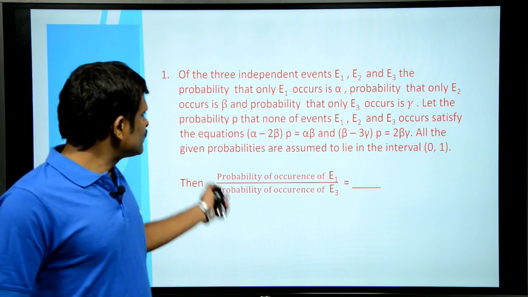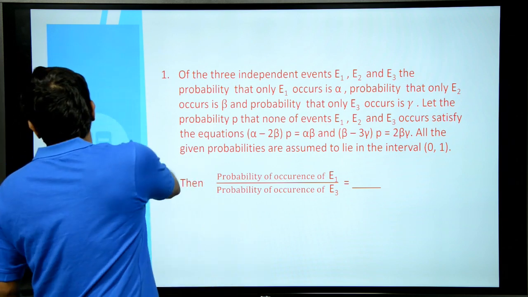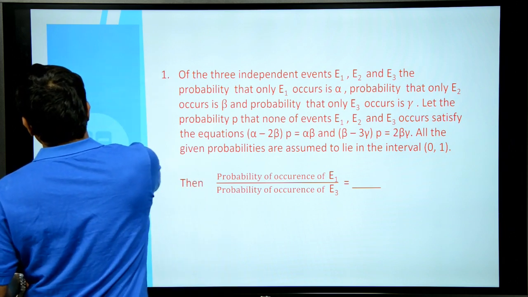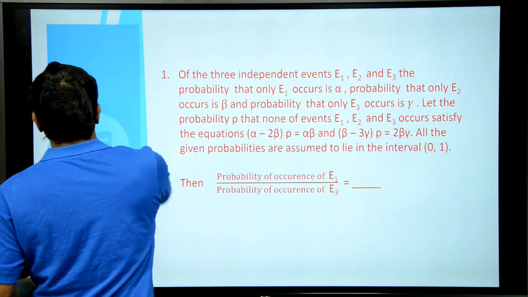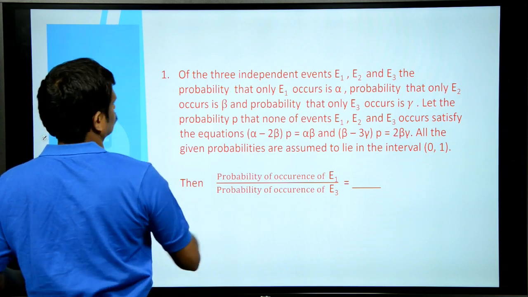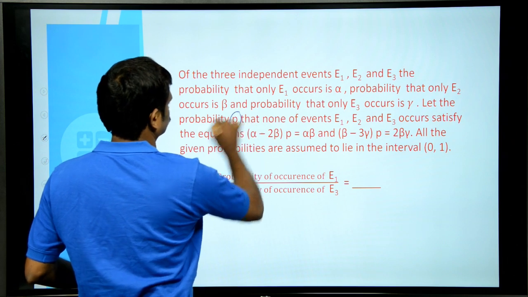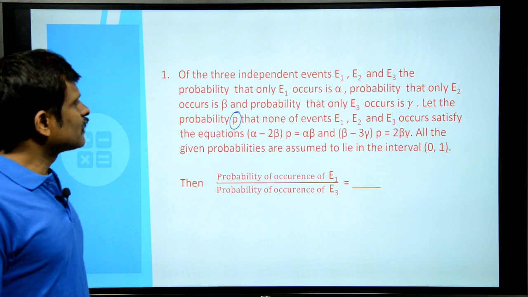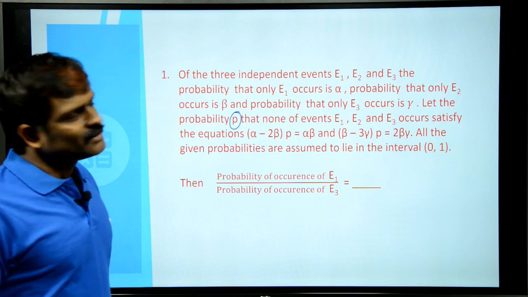And then he has given us a probability P, the probability that none of the events happen: E1 is not happening, E2 is not happening, and E3 is not happening.